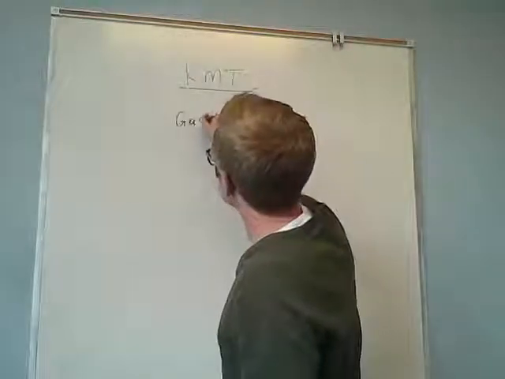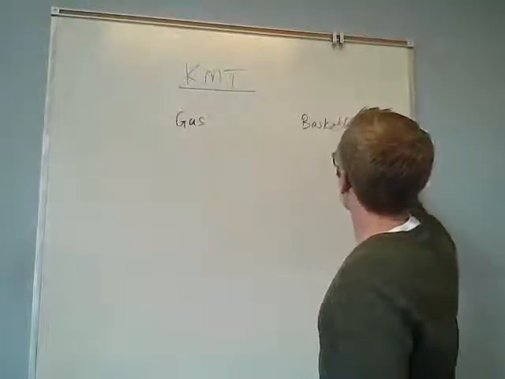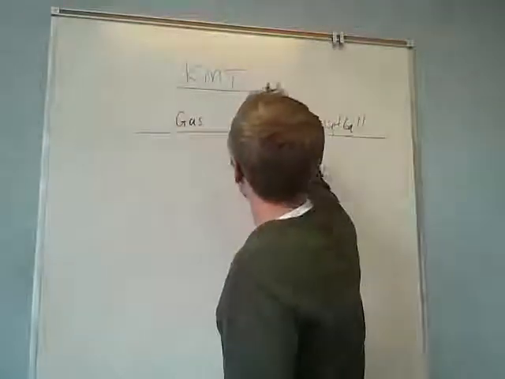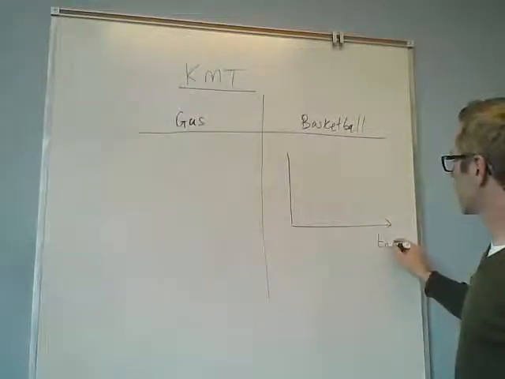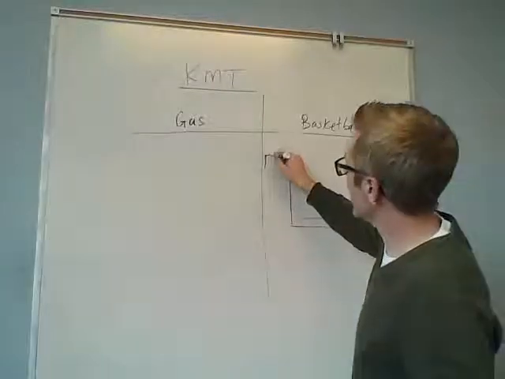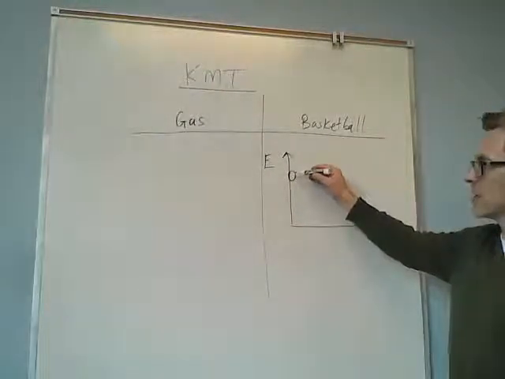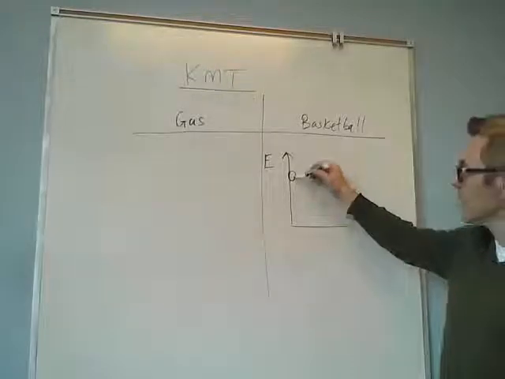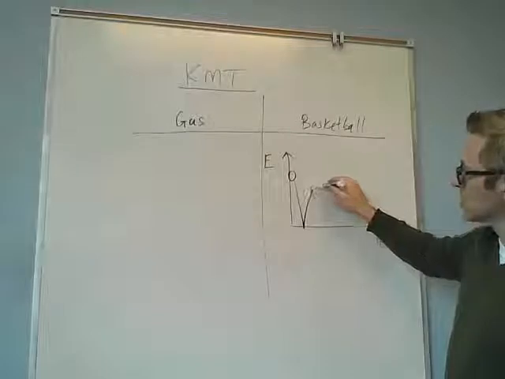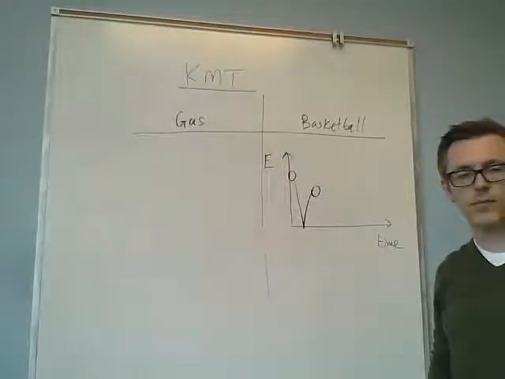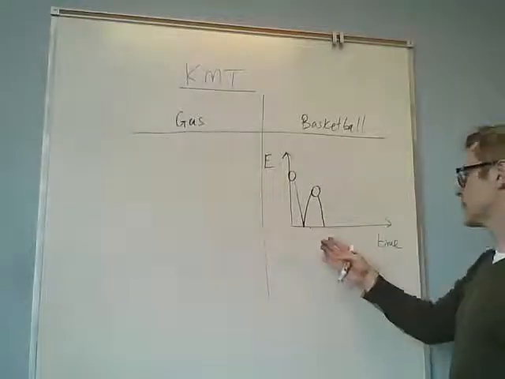Consider a gas and a basketball. Over time, if we look at the energy of a basketball, if a basketball is dropped from a certain height, the basketball will hit the floor, it will bounce, it will lose some energy. It will bounce again. Why is it moving forward? Because time is going on.